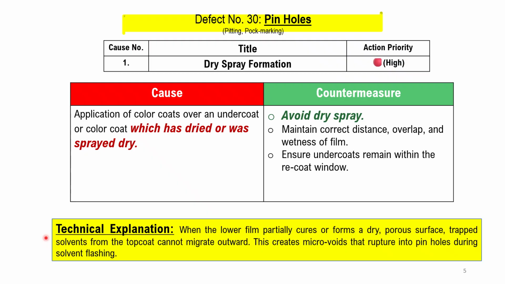This creates micro voids that rupture into pinholes during solvent flashing. The recommended countermeasure is maintain correct distance, overlap, and wetness of film. Ensure undercoats remain within the recoat window and avoid dry spray.